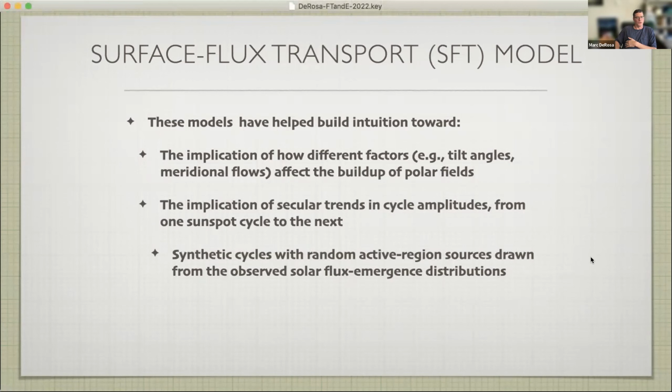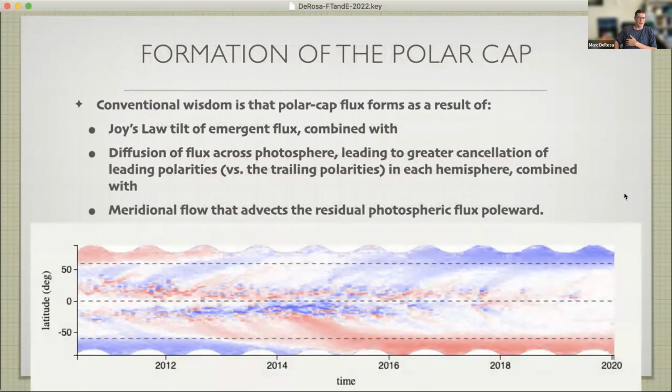I mentioned polar fields, and I'm going to use polar fields as a barometer of evaluating the model. And of course, the conventional wisdom is that the polar cap flux forms as a result of the tilt angles of the collection of emergent active regions over the course of a sunspot cycle.